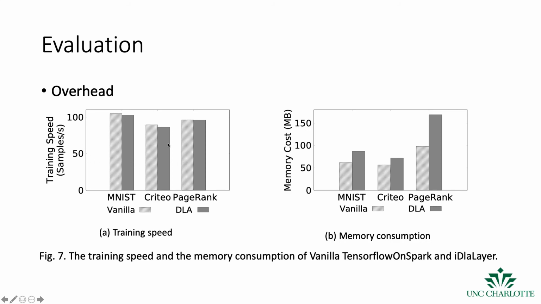We can see our method outperforms the vanilla one. This one is memory consumption. Our method is consuming a little bit more memory than the vanilla one, but it's negligible compared with the whole system size.